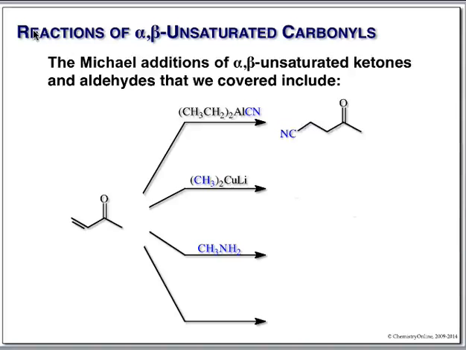We also said we could take an alpha-beta unsaturated carbonyl and react it with dialkyl copper lithium. Same concept here. The anionic nucleophile, the methyl group here, simply adds beta to give us that. And finally, we said we could do the Michael reaction with amines. Nitrogen is going to attack the beta carbon, and we get the amine.